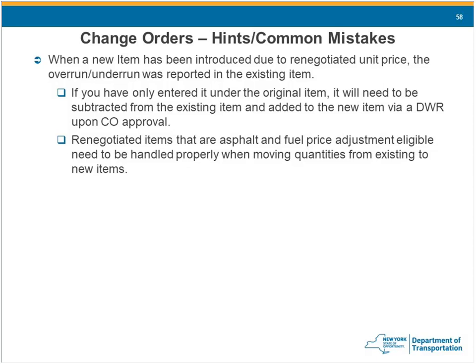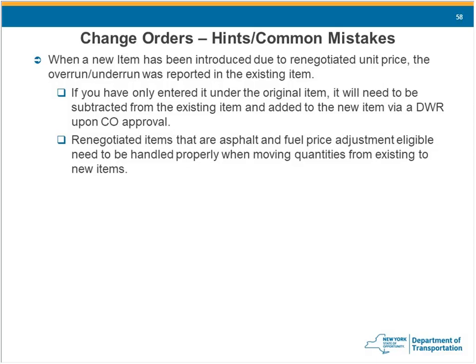So then what you're going to do, you're going to get a new item, you may get a new agreed price. That item's going to go on a change order. As soon as that order is approved, you can then go on a DWR and move those payments from the original item to the new item. That's the best way I've found to handle that.